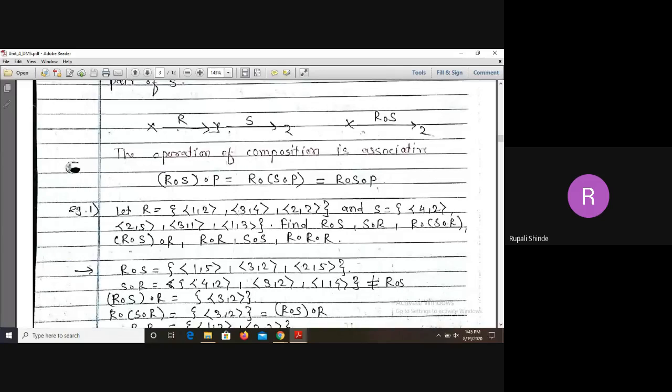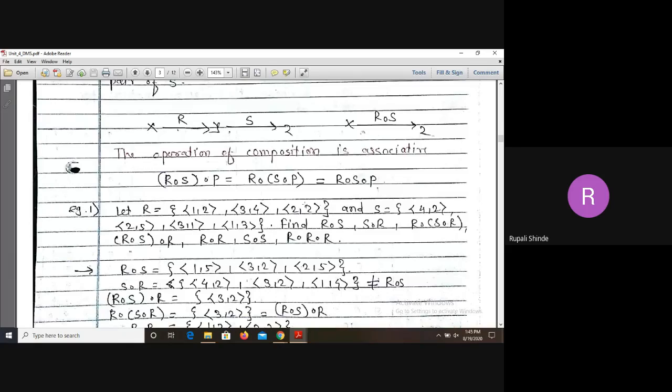You will get the answer as 3, 2. So that order pair is included in R composition S. Again check whether there is any other order pair whose first element is 4. No, there is no such order pair. So we can say that the processing for this order pair 3, 4 is over.